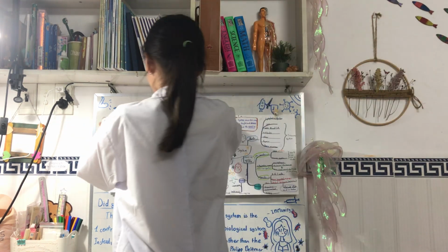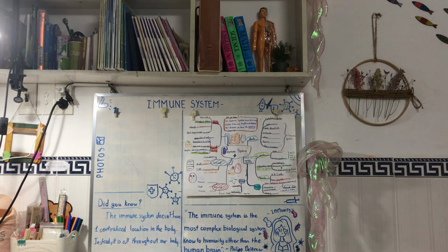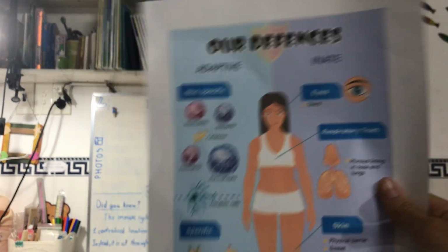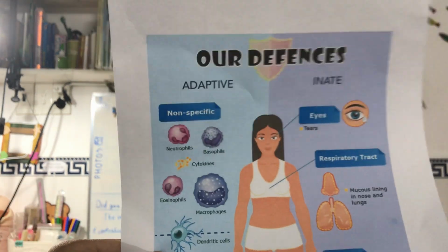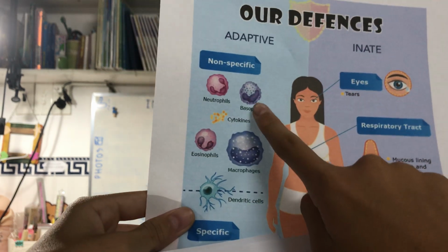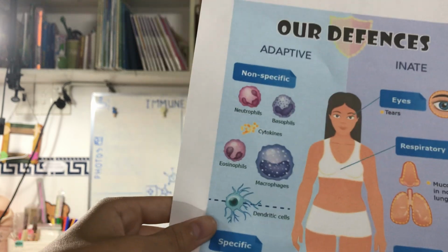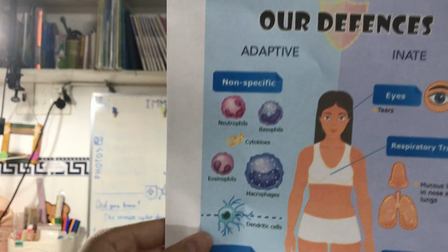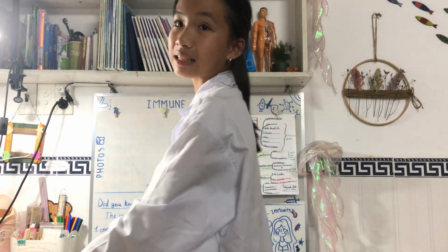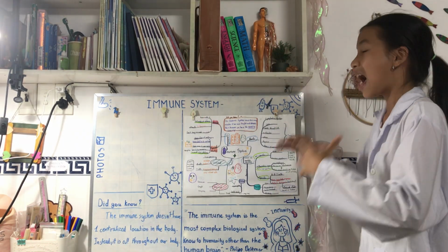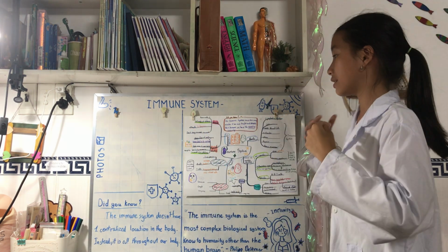Now I want to give you some pictures on here. As you can see, we have our defenses, which include the adaptive and the innate defenses. We have the non-specific, which includes macrophages, which help us to eat whole pathogens. Yes, they eat the pathogens as their food. The macrophages eat the pathogens.